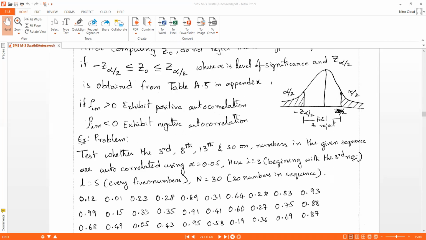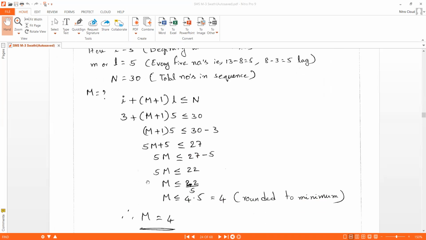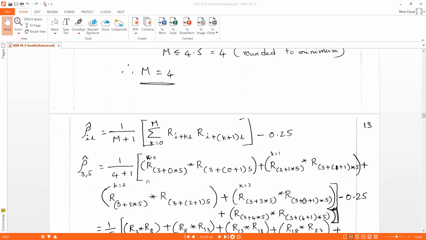The same formula we are writing here to solve this problem, and we are substituting the m value, n value, I value, k value and L values here. So rho IL is equal to 1 by m plus 1 into sigma k equal to 0 to m of r I plus kl into r I plus k plus 1 into L, minus 0.25.